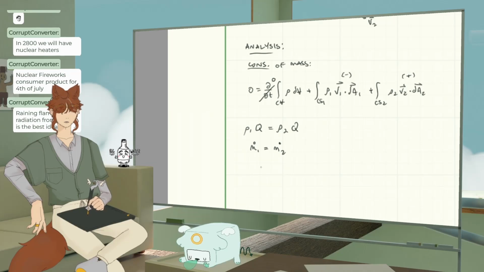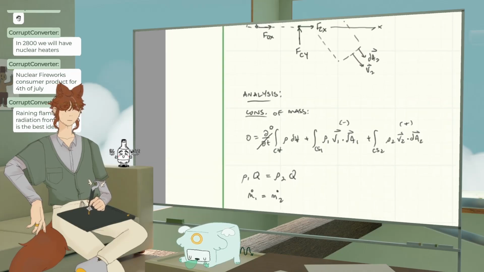Do angular momentum, I guess. Do I need linear momentum? Probably. No, I don't. Wait, but how do I get the X anyway? If I think about O, it's gonna obliterate the X is what it's gonna do.